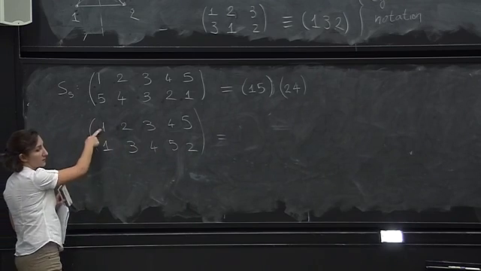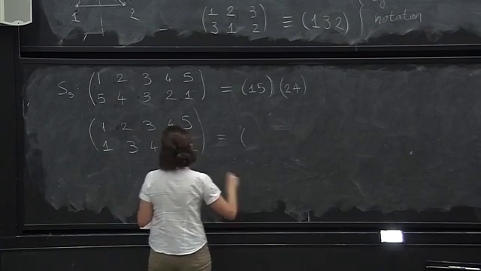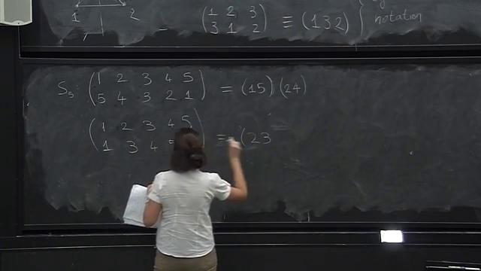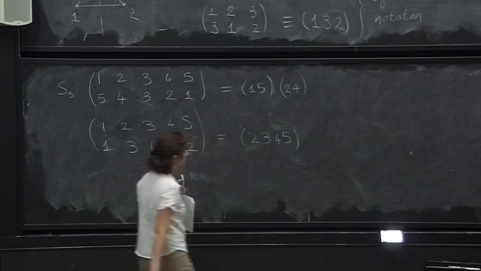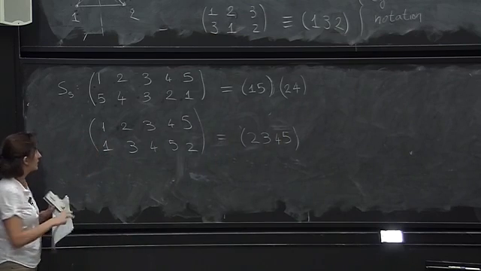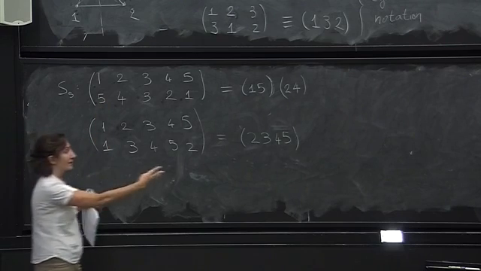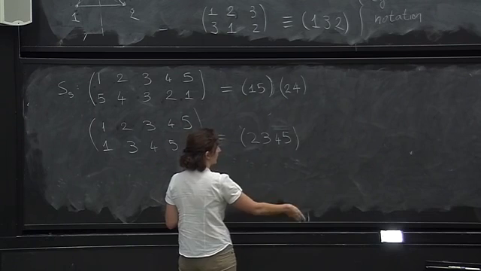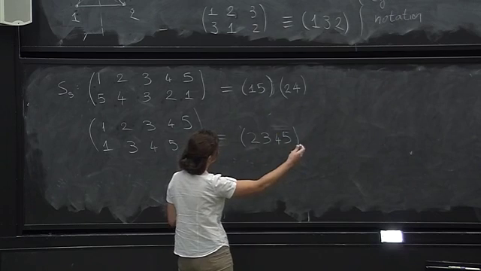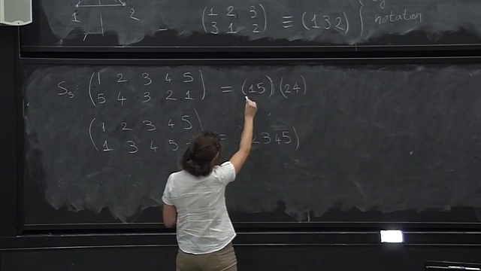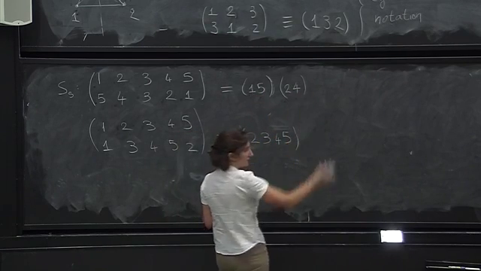Okay, let's assume that 1 goes back to itself, so I don't need to write it. I'm going to start with 2. And then I just have a cycle with 2, 3, 4, 5. Now, what I mean by cyclic structure is that these two elements have different cyclic structures. This one has 4 elements permuting cyclically, whereas here we have the exchange of 2 elements and the exchange of 2 other elements.